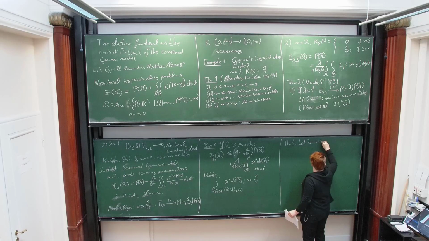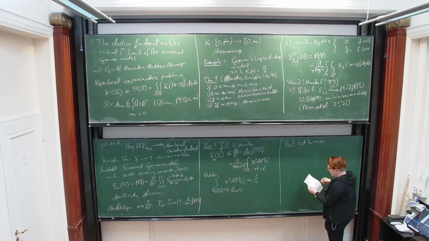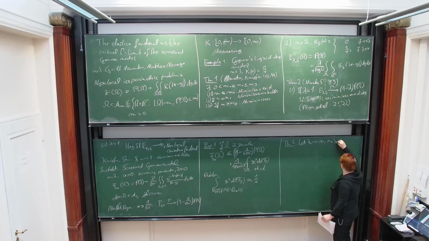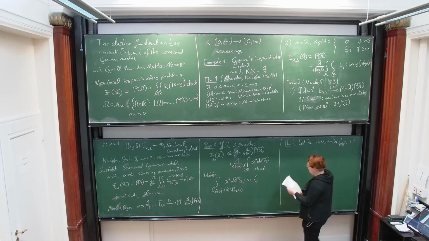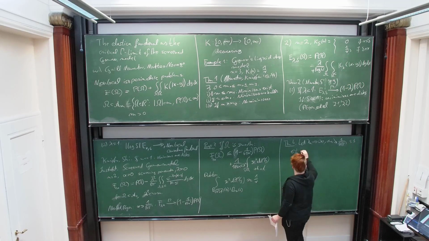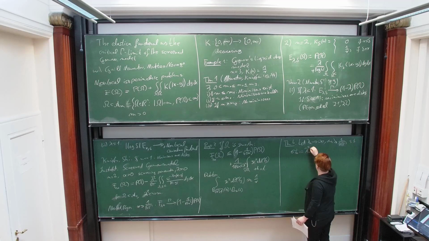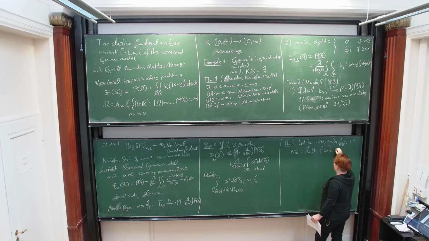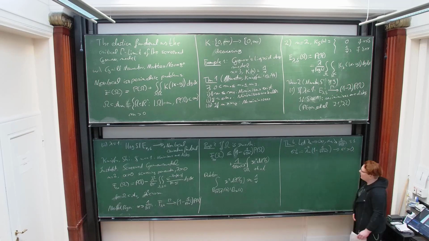So we take a sequence lambda n to infinity, and we take a sequence alpha n, which converges from above to the critical value, such that the sequence sigma n, defined as lambda n squared times (1 minus 1 over 4 pi alpha n squared), converges to some sigma bigger than 0.